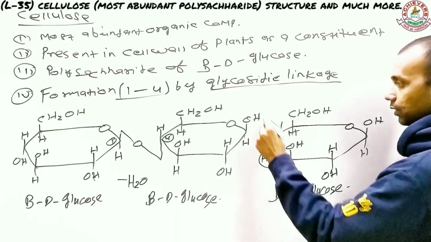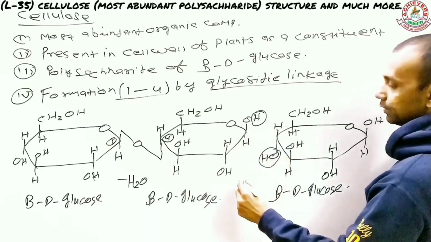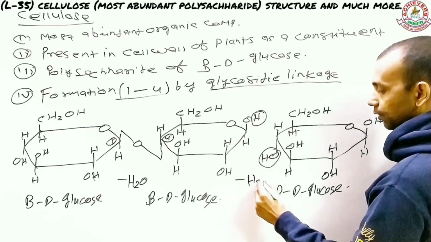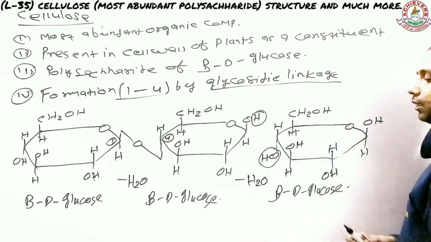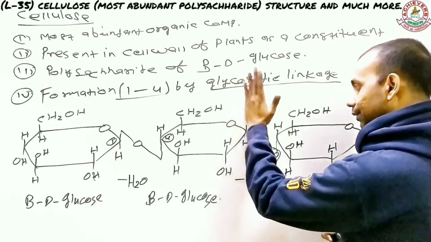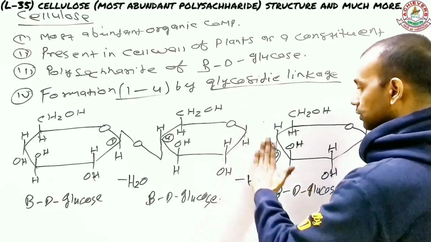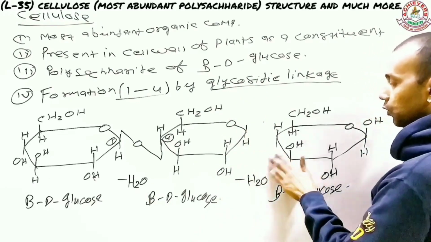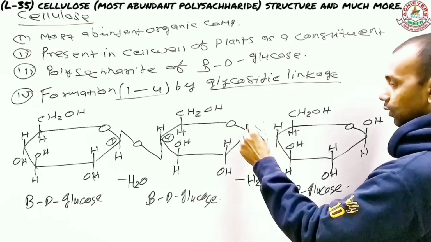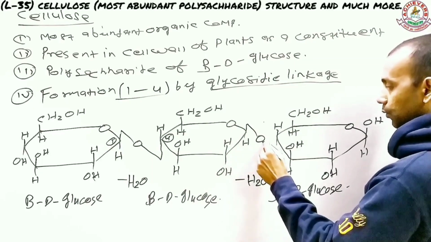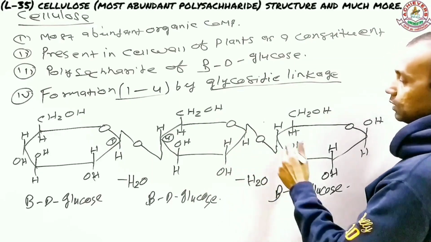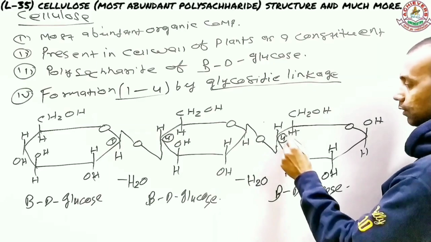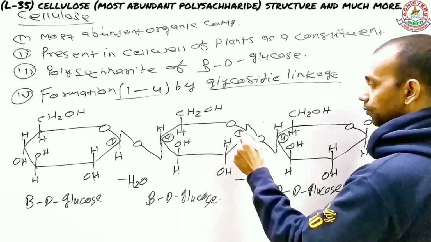So this is OH out, H in here. They will result in the formation of a water molecule, and apart from that, again you can draw, there was oxygen, so that oxygen will be responsible for making the glycosidic linkage. So this is how the glycosidic linkage will be forming, right? So this is again your fourth carbon, and there your first carbon, right?